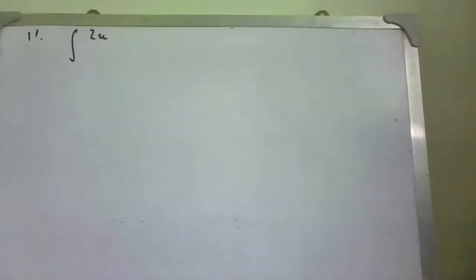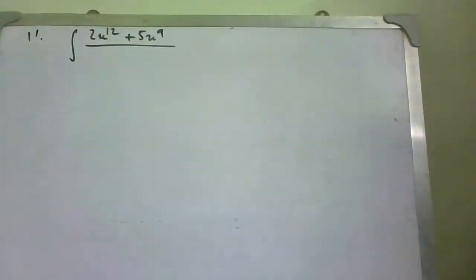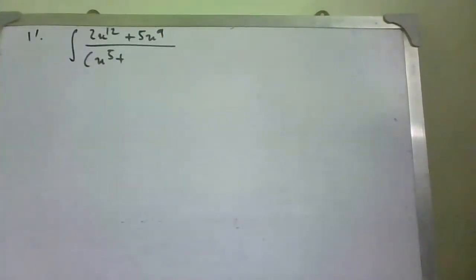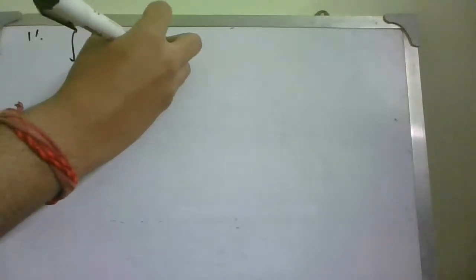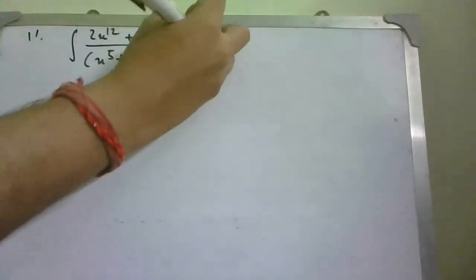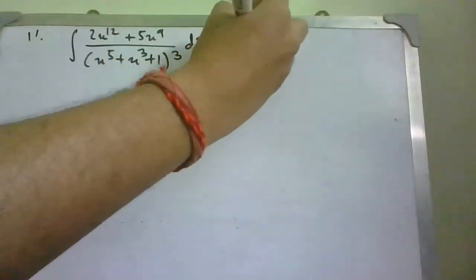Integral of (2x to the power of 12 plus 5x to the power 9) over (x to the power 5 plus x cube plus 1) whole cube dx. This particular question came in 2016 JEE Mains.